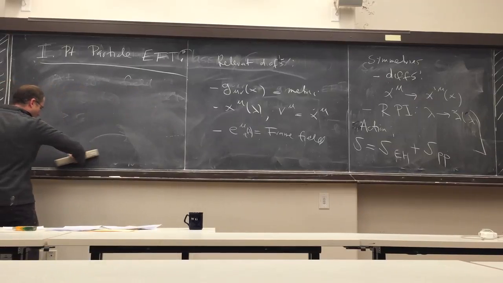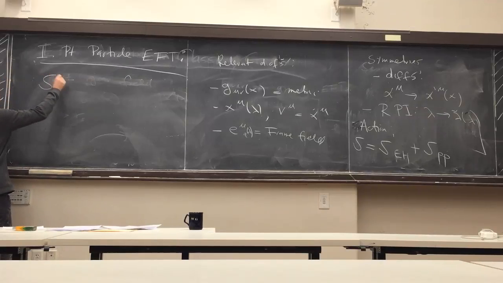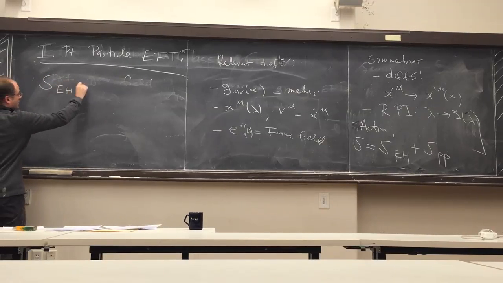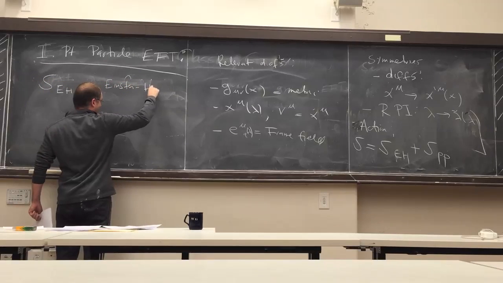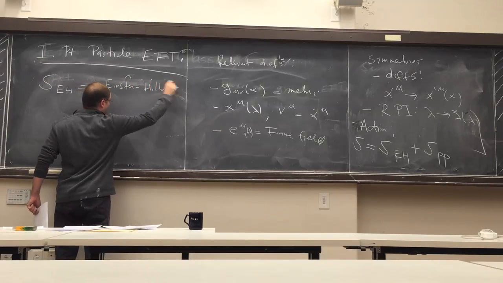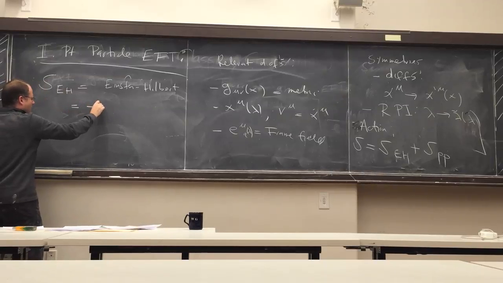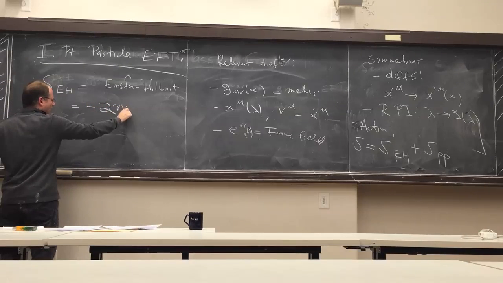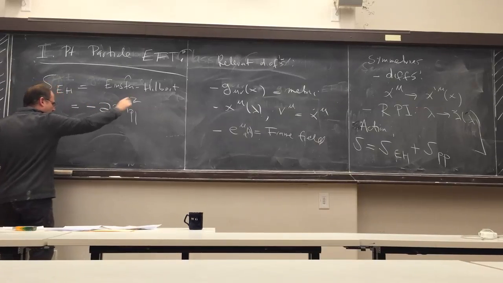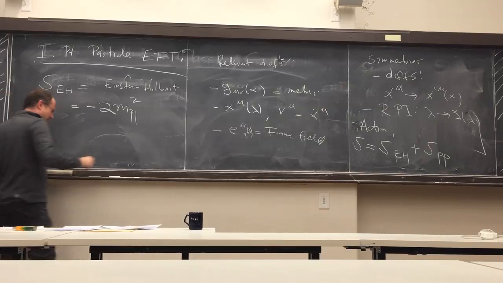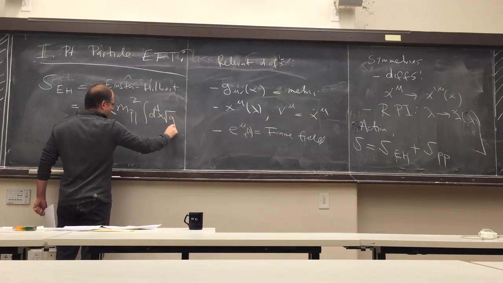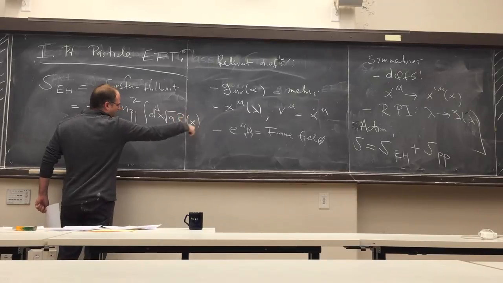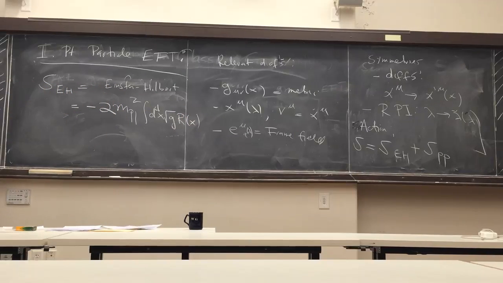That is just equal to, up to some constant, the integral of the scalar curvature. The constant in my conventions is called m Planck squared. It has units of mass squared. And then the action is just this, and this is two leading order derivatives. Well, that's what it is.